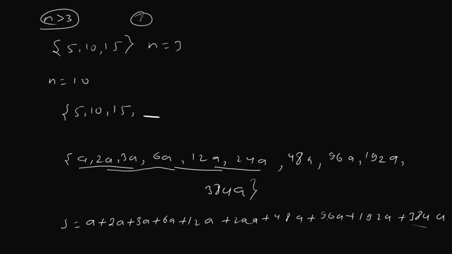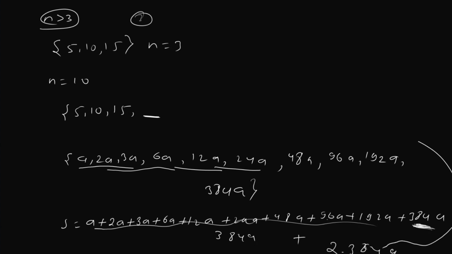So basically this value is equal to the sum of this value, 384a, and the sum would become 2 into 384a, and all the factors are going to be this one. All the factors combination are going to make these all values.